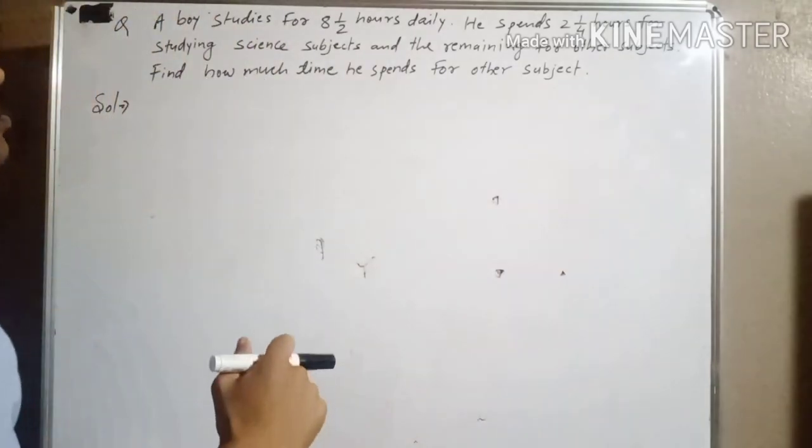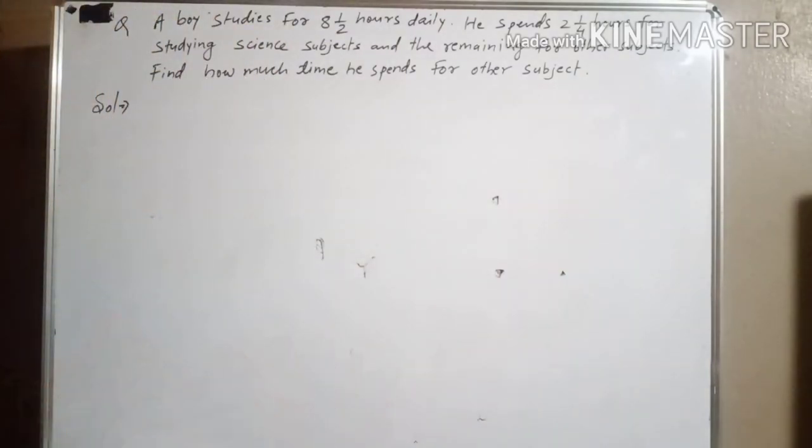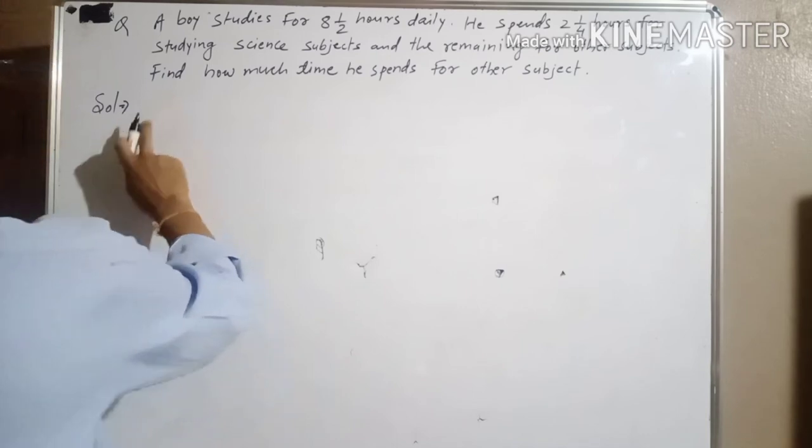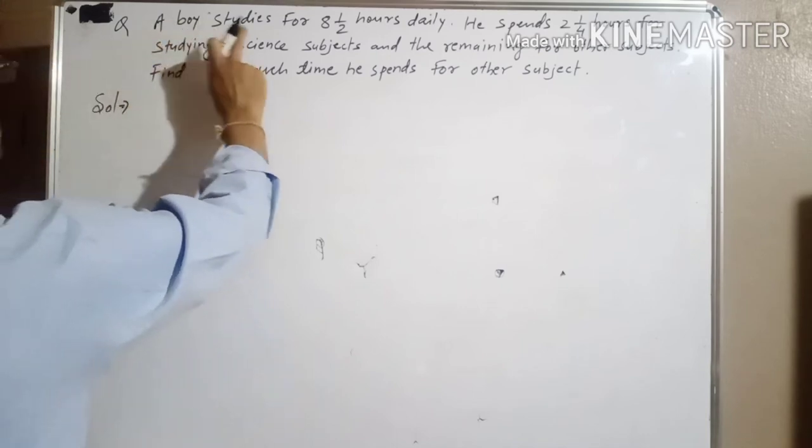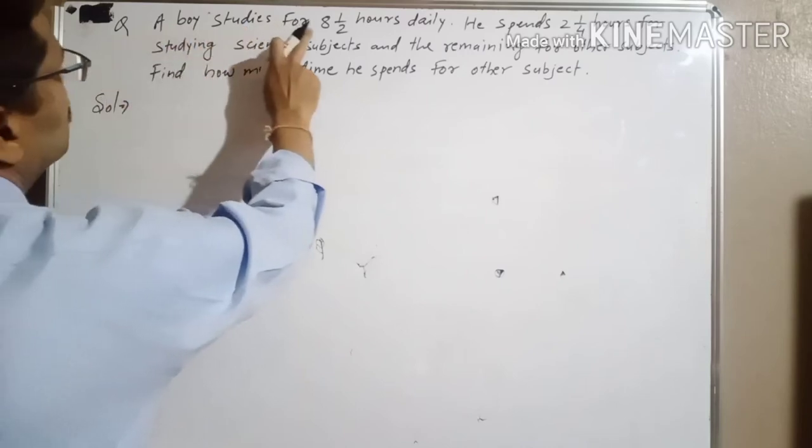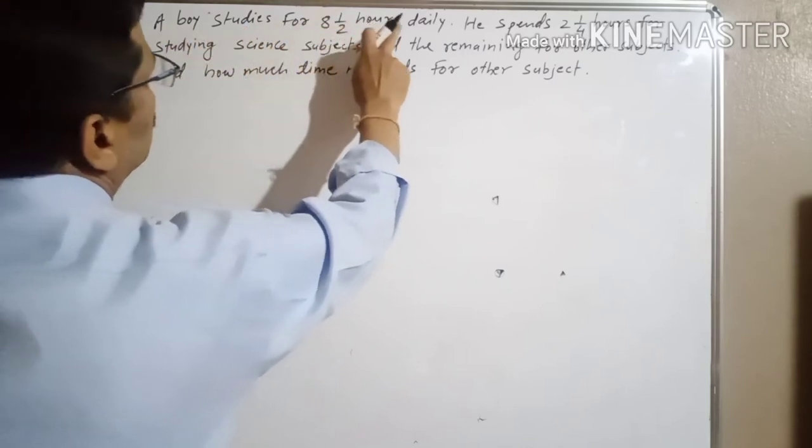So in this question we have to find how much time he spent for other subjects. Now let's see. So first we should write what is given: the total time. How much time he spent? A boy studies for 8 whole 1 upon 2 hours daily.